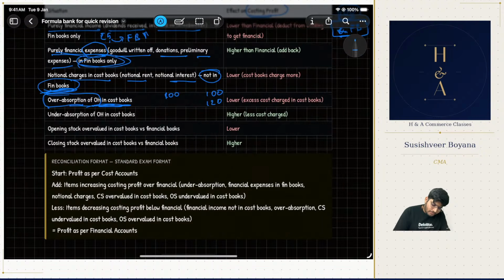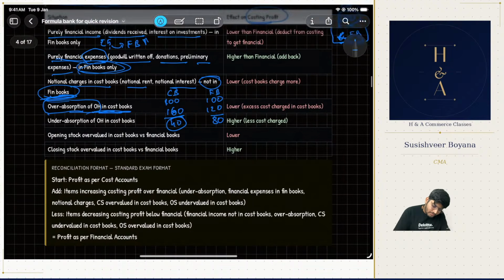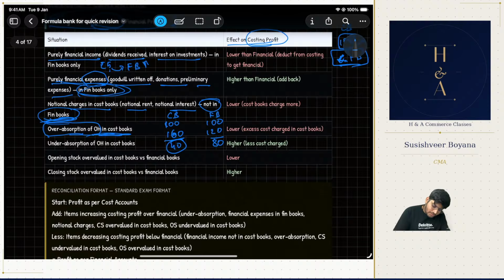Actual is what the financial books are going to take, correct? But in costing books, I have over absorbed. That means the effect on costing profit is always going to be lower than financial books, correct? So if I have to go from costing books, I should add the difference. If I come from financial books to costing, I should reduce the difference, right?